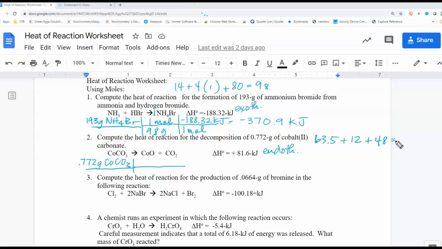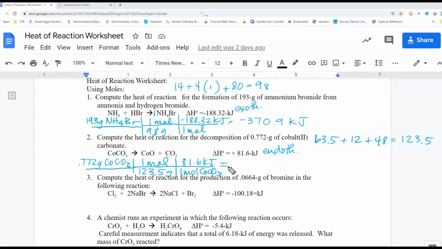I know I should be able to do that in my head, but I couldn't. 123.5 is my molar mass. So I'm going to divide this by 123.5 grams per 1 mole of cobalt(II) carbonate. Then for every 1 mole of cobalt(II) carbonate that is decomposed, we have a positive 81.6 kilojoules of heat used up.